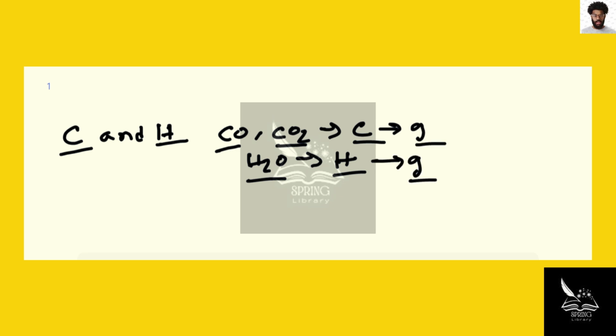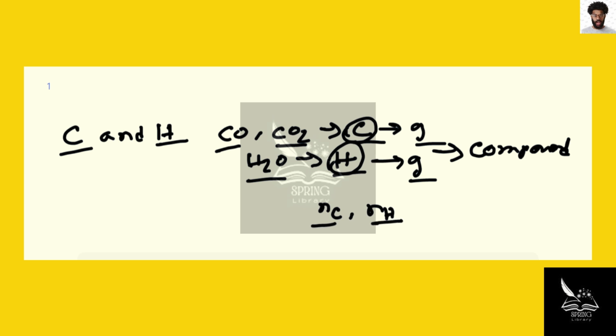And these masses will be the mass of carbon and hydrogen in the original compound, and from their mass in the original compound we can find the number of moles of carbon and number of moles of hydrogen. Then we will divide each number of moles by the smallest number of moles to get a simplest whole number ratio of carbon and hydrogen's mole numbers. From there we can find out the empirical formula of the hydrocarbon.